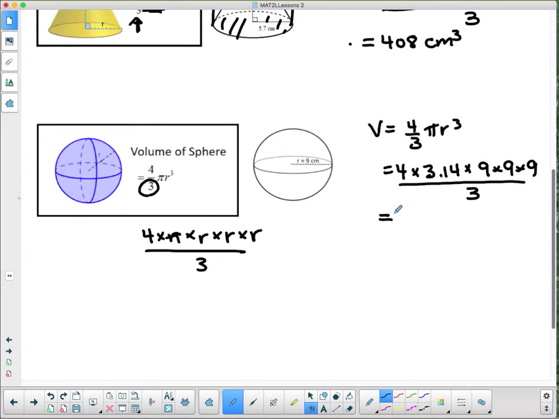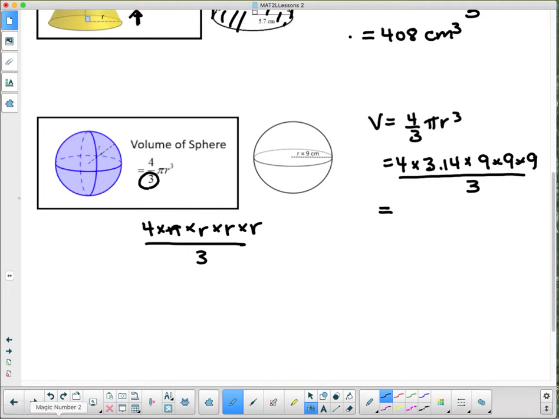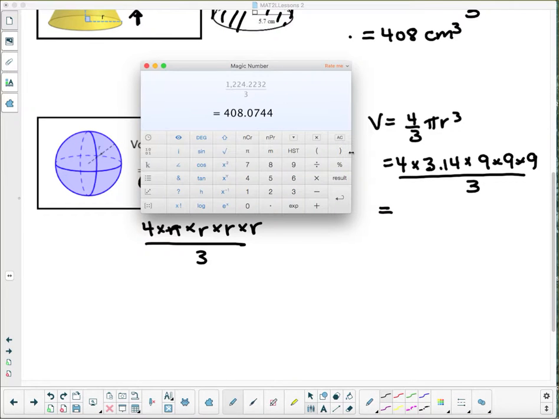Now when I punch that into my calculator, I'm going to show you a button on here that might be useful. We'll clear this out. We're going to go 4 times 3.14 times 9. Now instead of doing 2 more times 9s, I'm going to use this button right here. It has an x to the y. That's going to let me put a little 3 up here so I can use it as cubed. That means multiply by 9 3 times. So see how it puts a little 3 up there? You might be able to find that button on your calculator.